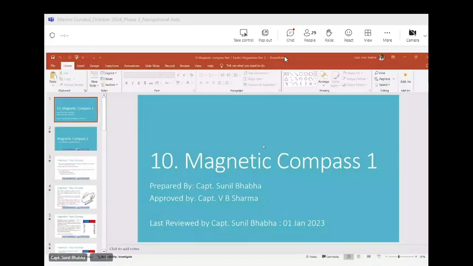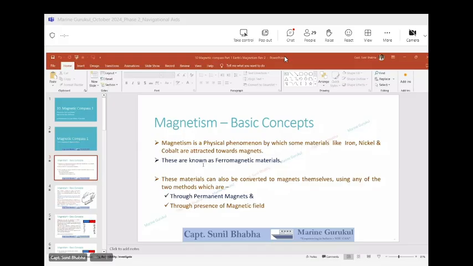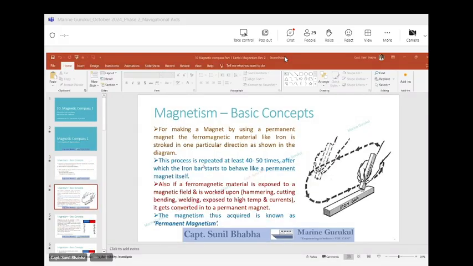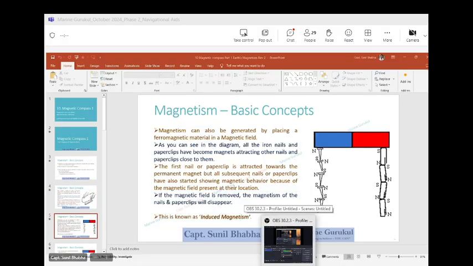Okay, so this is the presentation which we saw on the first day also. Basically, I told you about two types of magnetism or two types of magnets. One are permanent magnets and the second one was induced magnets. Induced magnets are generated when a ferromagnetic material lies in the presence of a magnetic field.